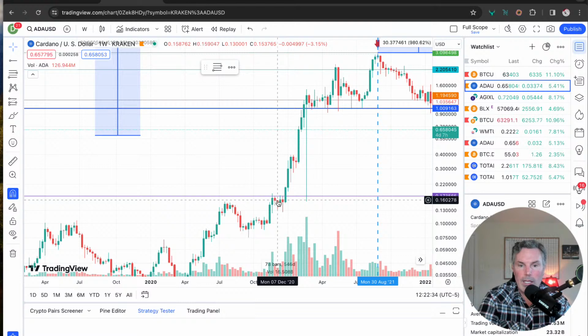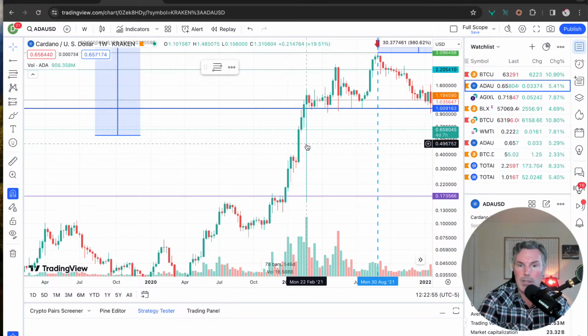Okay, so it's right here, right? This is where Bitcoin was testing its previous all-time high, and then it had a week of resistance, and then it shot up, right? Okay. Well, this is what Cardano was doing at that time. See how it kind of had a lag and in fact even went down a little bit in value? And then what happened?